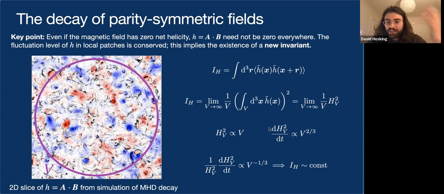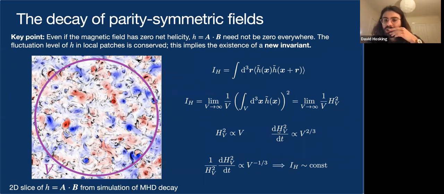But it's conserved because helicity itself is conserved, which means that any process that occurs entirely locally within this volume has to be helicity conserving. So this is like fluxes of helicity around inside this volume, or reconnections of structures inside the volume. That all has to be a helicity conserving process. The only way that H_V can change with time is if there are fluxes occurring at the surface of this large volume, or if there are reconnections between structures occurring at the surface.